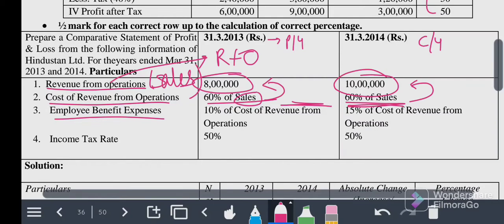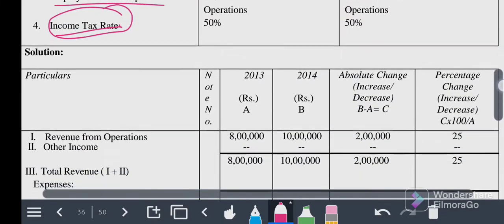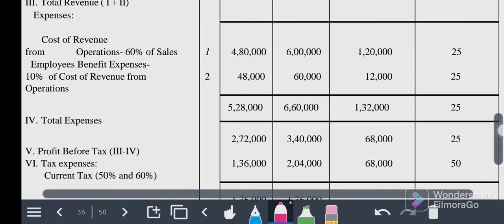If there is no other income given in the question, you simply take revenue from operations as total revenue. In the expenses you are given 2 expenses: cost of revenue from operations and employee benefit expenses. Then you have the income tax rate that you have to subtract at the end, so do accordingly. So this is how you get them.